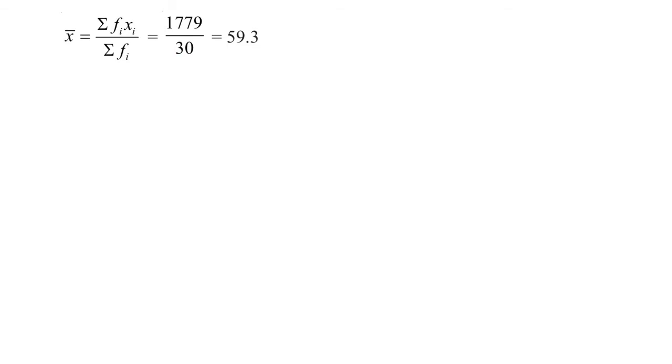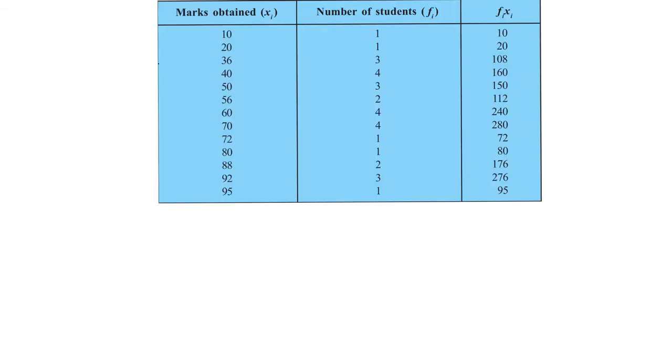So in most of our real life situations, the data is usually so large that to make a meaningful study, it needs to be condensed as grouped data. So we need to convert given ungrouped data into grouped data and devise some method to find its mean. Let us convert the ungrouped data of Example 1 into grouped data by forming class intervals of width, say, 15.